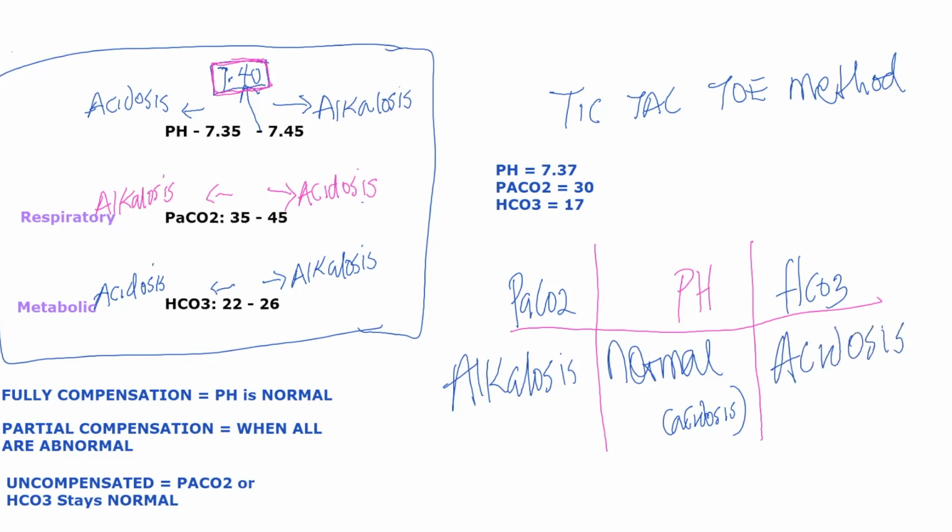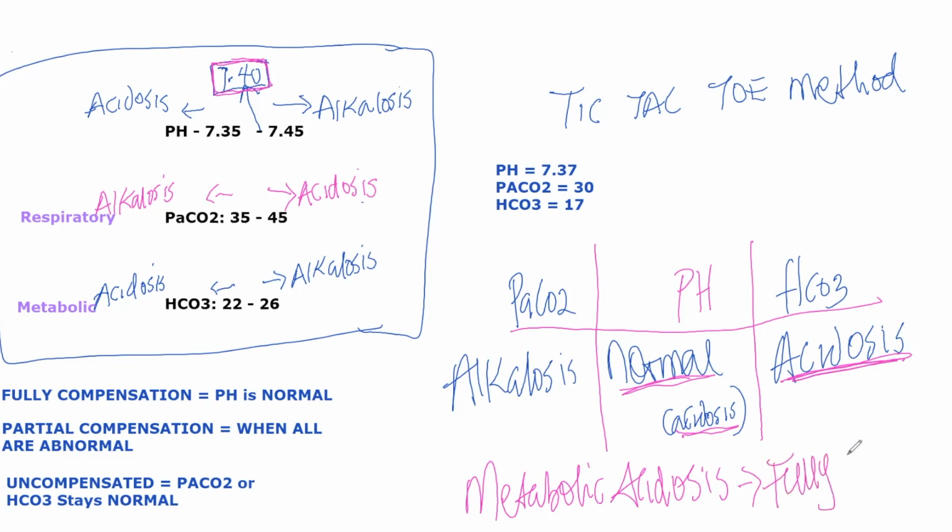Once again, to figure out what imbalance we have, we need to ask ourselves which one matches our pH. Even though our pH is fundamentally normal, it leans more towards the acidotic side, and that matches with my HCO3. So that means I have a metabolic acidosis situation. To figure out my compensation, my pH is normal. So that means I have a full compensation. So I have a fully compensated metabolic acidosis.